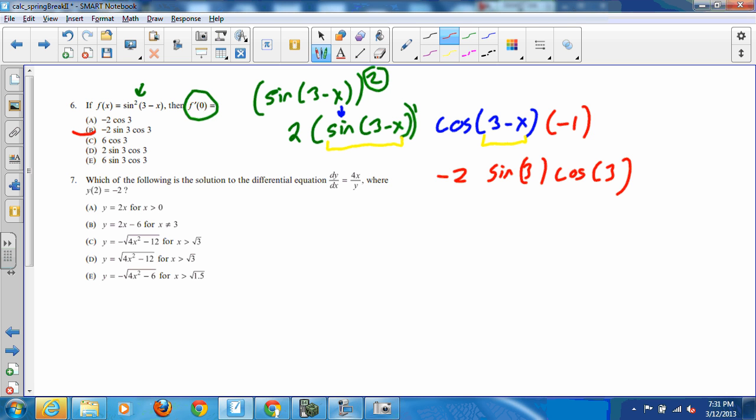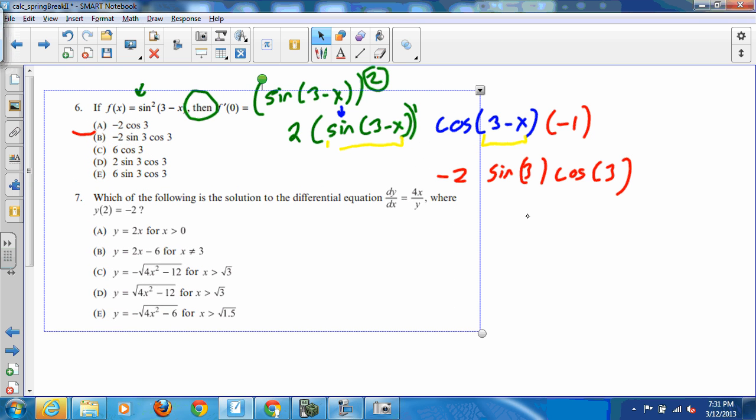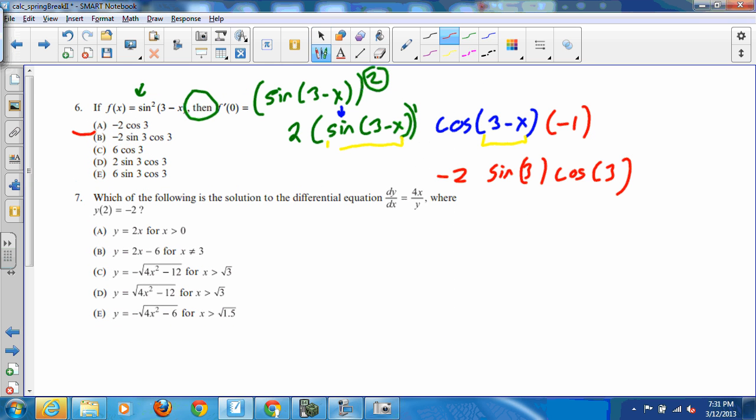Alright. Okay. Here we have a differential equation. They give you the derivative, and you basically are trying to solve the equation. So this is a nice problem. We can just cross multiply here. And let's see if I can make this a little bit bigger. Okay.